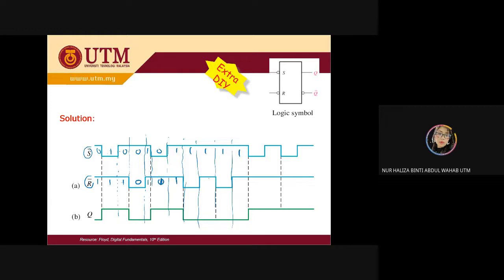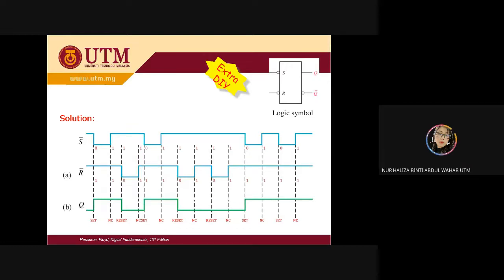Then you can see, okay, at this stage is what, at this stage is what, at this stage is what, the input and so on. That's why you can draw the output. You can see here, this is the thing that I showed you just now.